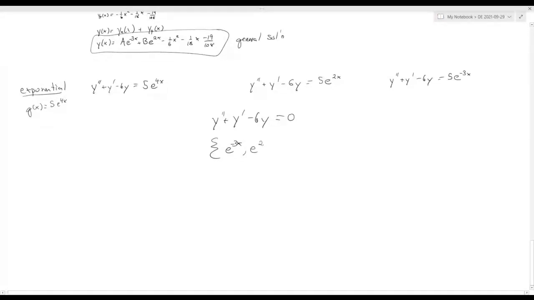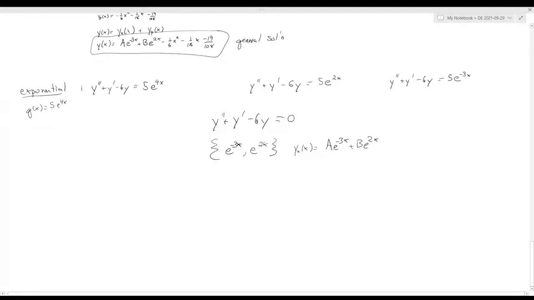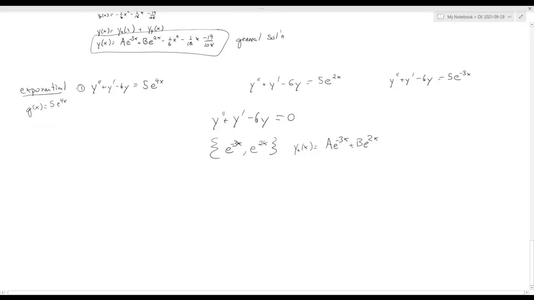Homogeneous part at least. So now, if this is the homogeneous part, our next task is to find a particular solution. Let's start with the first one, number 1. The right-hand side is just a simple exponential.